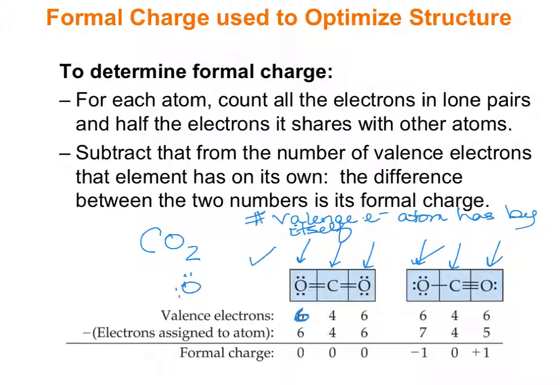And then we're going to subtract from that the number of valence electrons that belong to that atom in the molecule. The number of valence electrons that belong, and that's the key word, to that atom in the molecule.